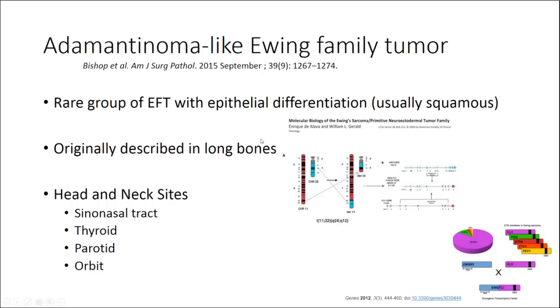While first described in the long bones as a type of Ewing sarcoma with epithelial differentiation, and actually most commonly squamous, Dr. Bishop then began to see these in the sinonasal tract, in the thyroid and parotid, and in the orbit, although they are not very common.